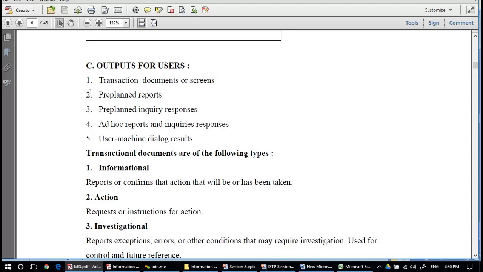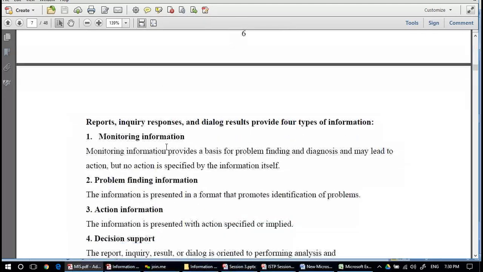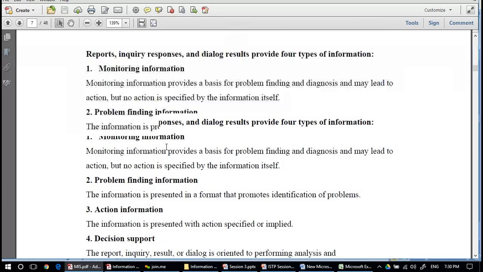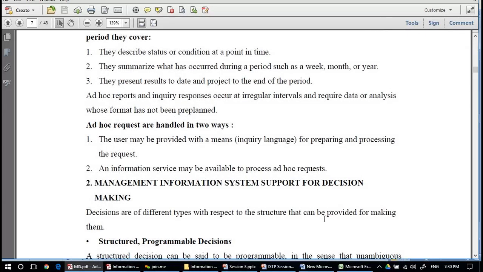Outputs may include transaction documents, preplanned reports, and preplanned inquiry responses, ad hoc reports, inquiry responses, user machine dialogues. So further they are described and explained in these lines.